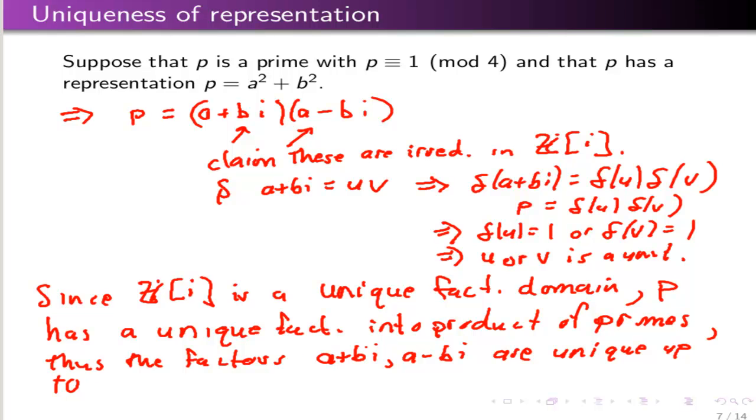You can switch the order, and you can multiply by units, just put in unit multiples. And multiplying them by units is just changing the order of the a and b, or changing the plus or minus signs. So the uniqueness of representation just follows from the fact that p has a unique factorization in the Gaussian integers.